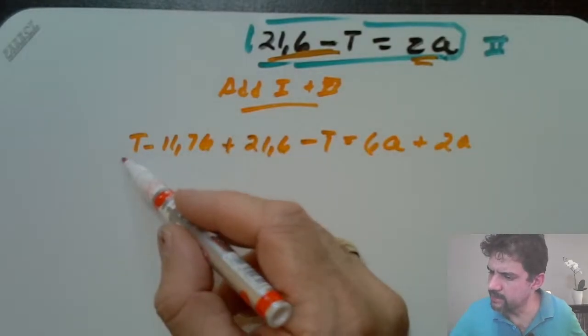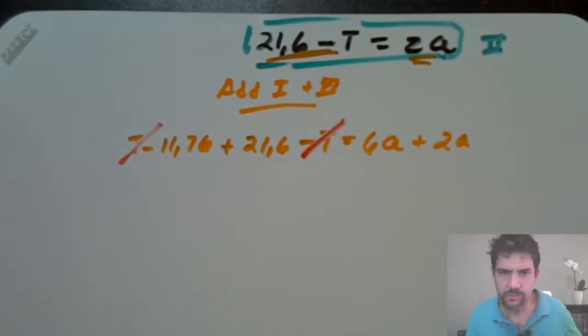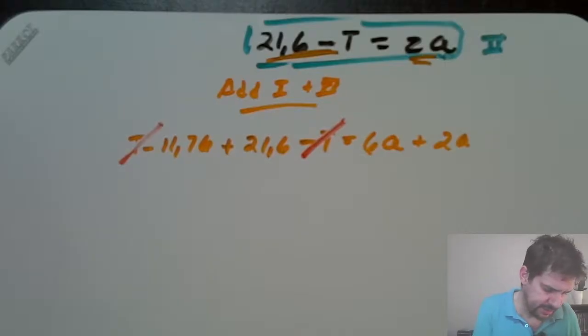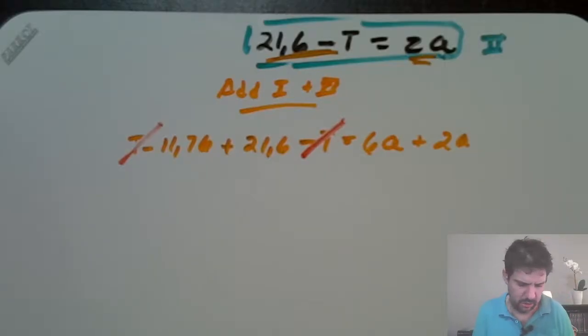Now here, the t's cancel each other. So we have negative 11,76 plus 21,6, and that will give me 9,84.